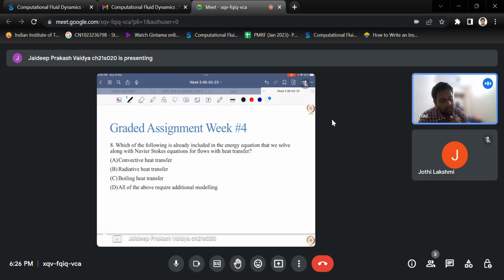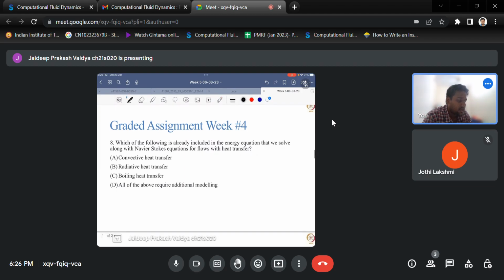Okay, moving on to the next question. Which of the following is already included in the energy equation that we solved along with the Navier-Stokes equations for flow with heat transfer? Again, we need to look into the energy conservation equation, where we say that rho Cp dou T by dou t plus rho Cp del dot U T should be equal to K del square T plus mu times phi V plus QR.